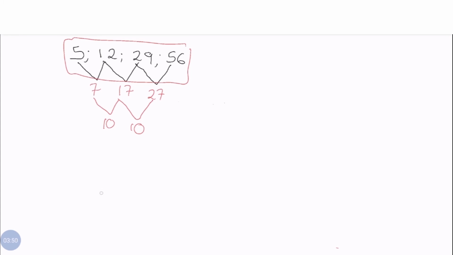So here is what we will do. We will have to find the equation of this linear pattern. So what do we know? We know that a is equal to 7. d is equal to 10. So then what is our equation?